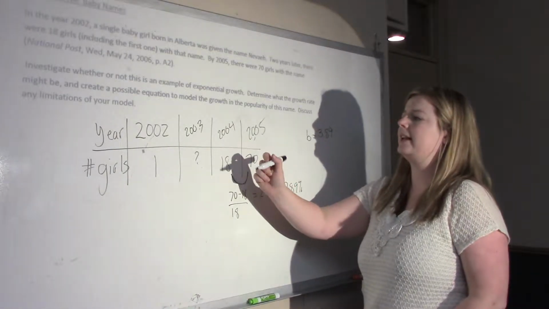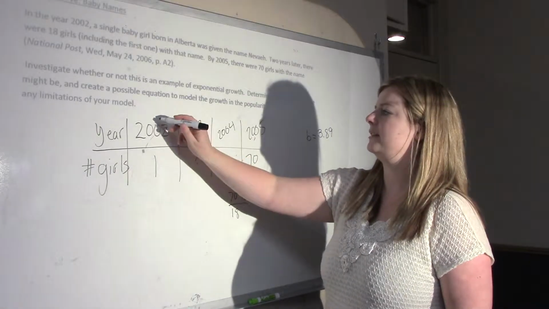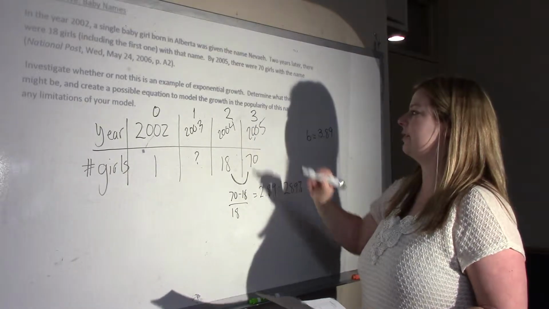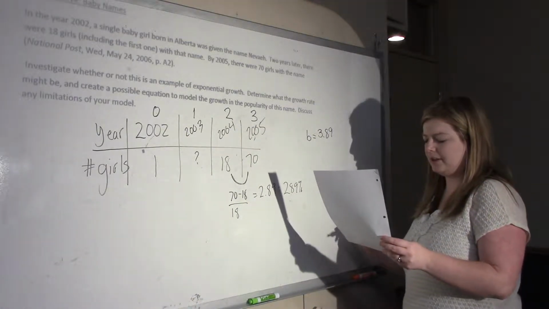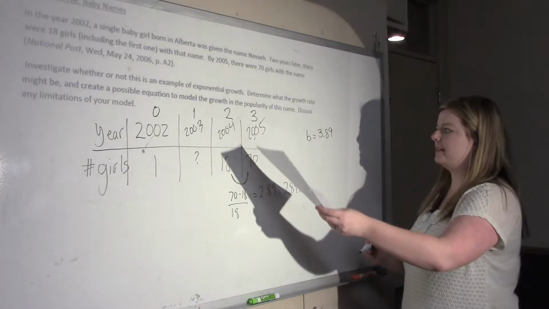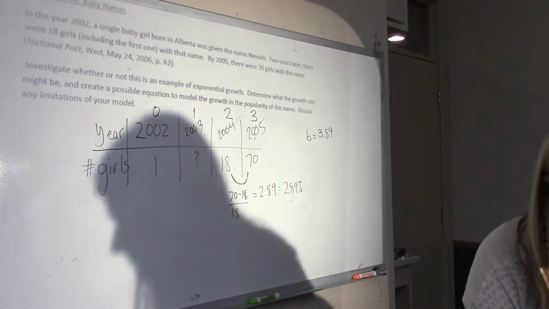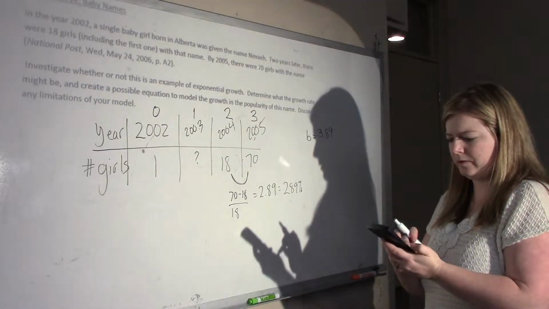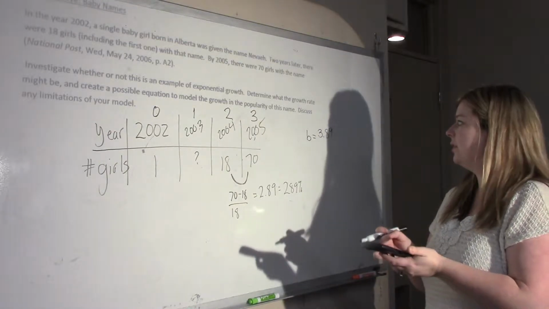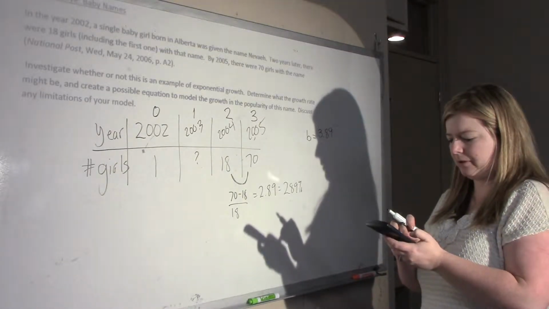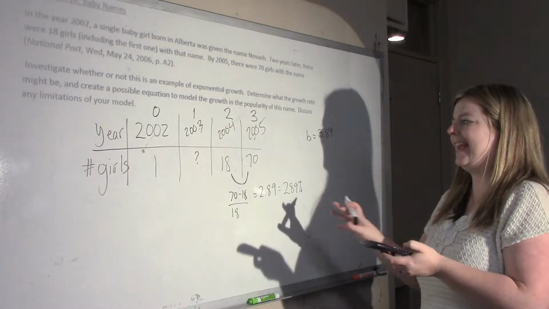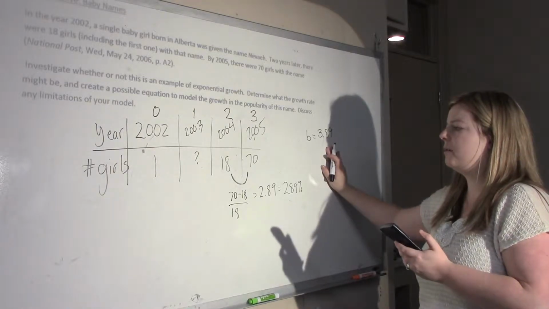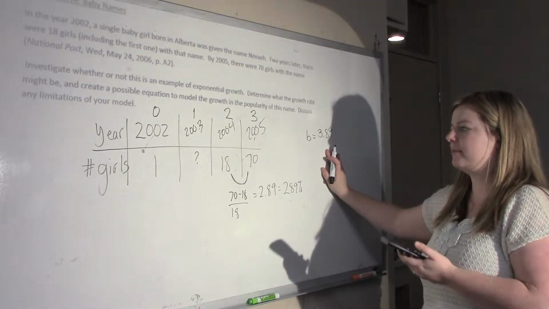If you start throwing in these years, so you let this be year 0, year 1, year 2, and year 3, and you try 3.89 to the power 2, you get 15, whereas if you do 3.89 to the power 3, you get 58. So I didn't get anywhere near 70 kids. So this rate is really too low because it doesn't really represent what's going on here.